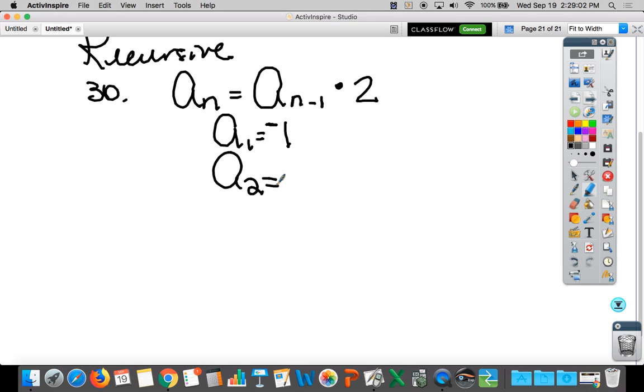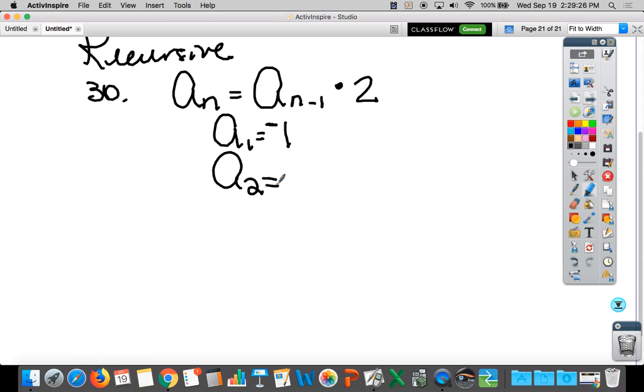Everybody look up here, watch me. So if I put a 2 here and do 2 minus 1, what do I get? So that now says I'm going to use a sub 1 times 2. Let me say that again. My n is 2. I'm fixing to find the second term in the sequence.